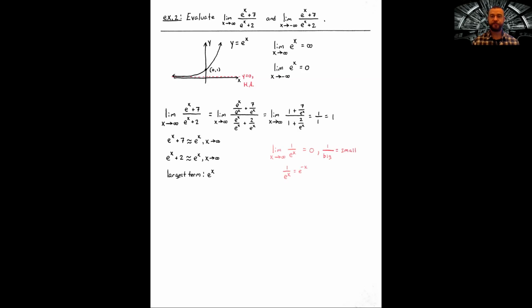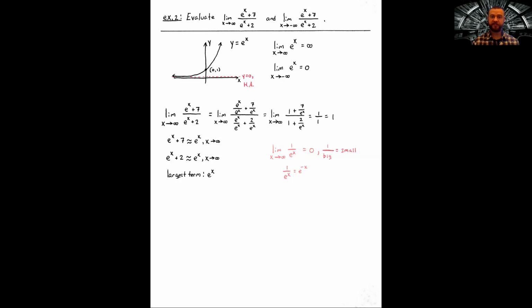We identified the largest term, e to the x, divided everything by that largest term, and then we get our reciprocal limits. But now, not reciprocals of powers of x, but reciprocals involving exponential functions. Exponential functions get big as x approaches infinity. At least e to the x does.